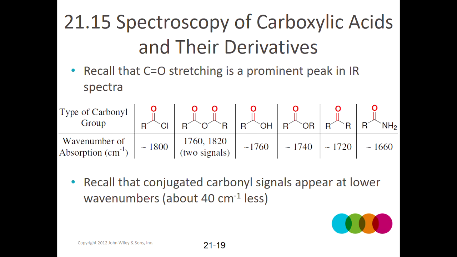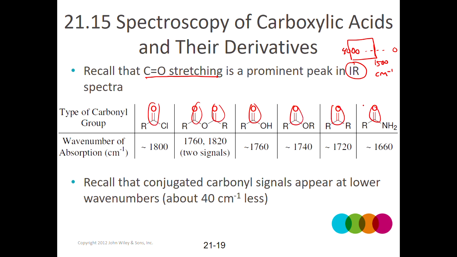So here we're seeing the carbon-oxygen stretching in the IR. Right? The IR is the one that starts at 4,000 and basically goes down to 0, and anything below 1,500 really isn't that useful because that's the fingerprint region. So we're concerned with the diagnostic region between 4,000 and 1,500. And if your structure has a CO double bond, which all of these do, that usually comes around 1,700.